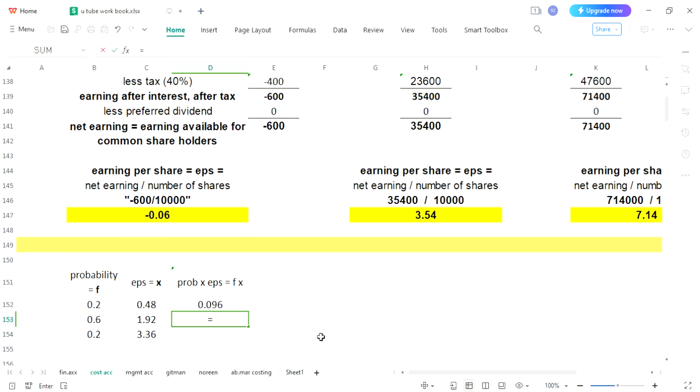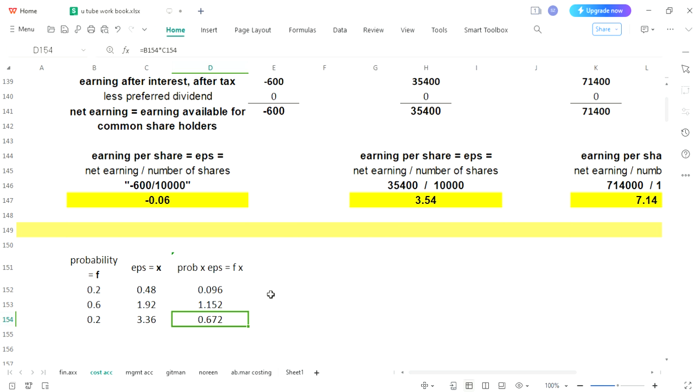You are going to calculate fx. For this, f was 0.6, which was probability, and then EPS 1.92. We have got second fx. Then third probability was 0.2 and you need to multiply it with EPS 3.36. Alright guys, we have calculated third column, product of f and x.